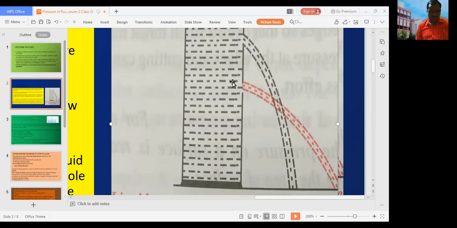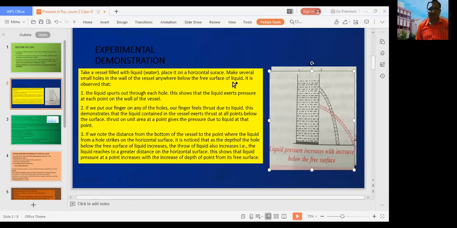In this experiment, if you put your finger on any of the holes, you will feel some thrust at the point where the finger is kept. Thrust per unit area is nothing but pressure. Now if you note the distance from the bottom of the vessel to the point where the liquid from a hole strikes the horizontal surface, it is noticed that as the depth of the hole below the free surface of the liquid increases, the throw of the liquid also increases.